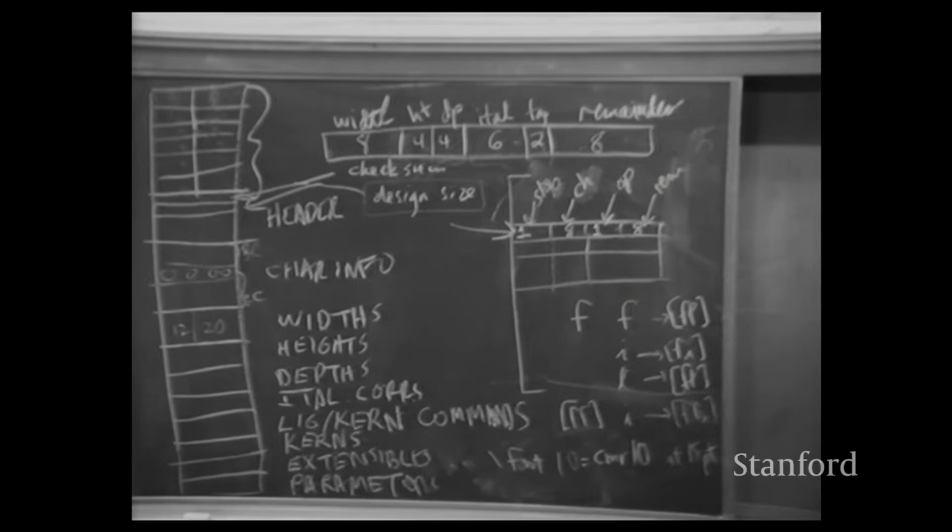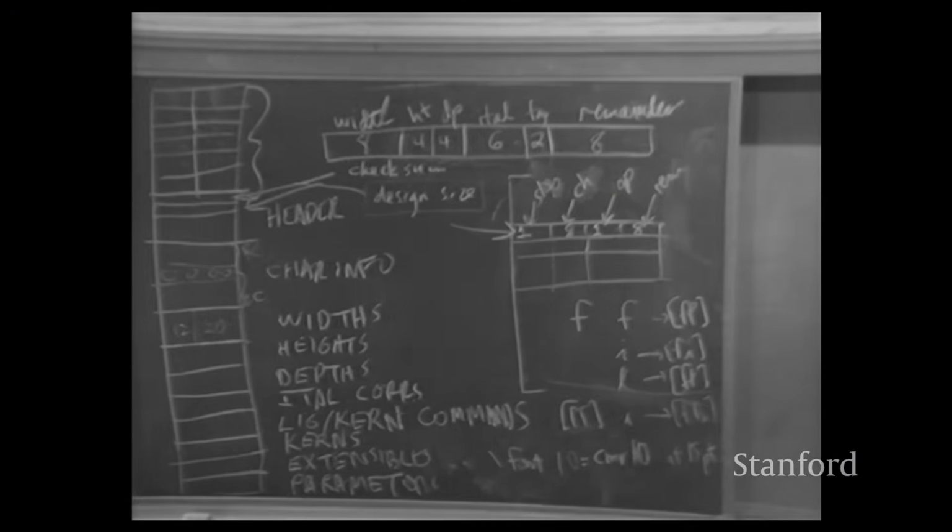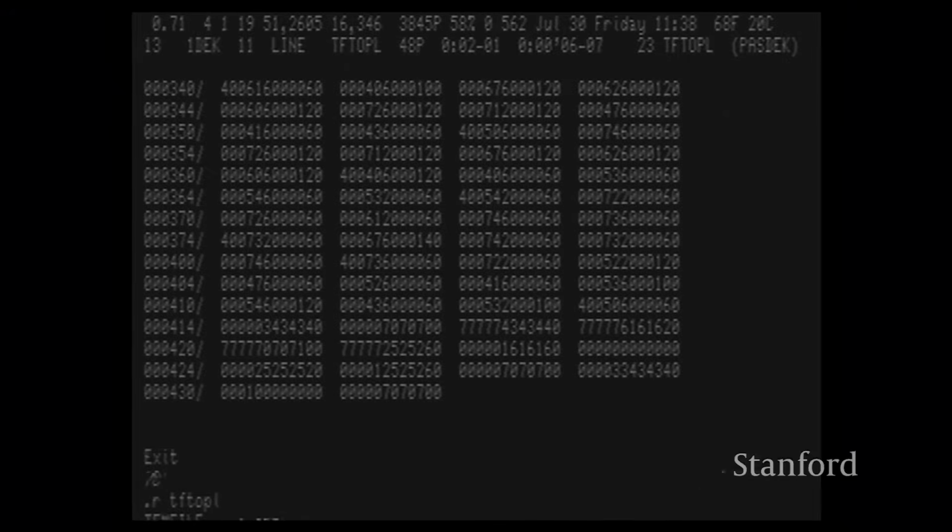And so let's have the lights off and go back to the computer and see if this works. It's still up. TFtoPL. TFtoPL is one of these TeXware programs that you've got. And it asked me for this TFM file, and I'll just use the CMR10 TFM on TeXsys that we were just looking at in binary.